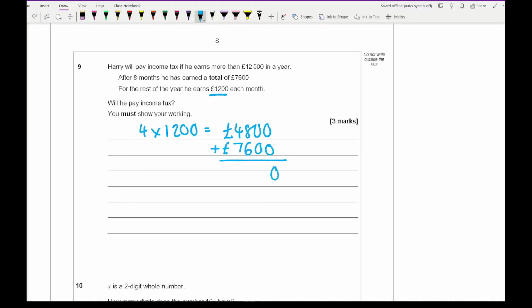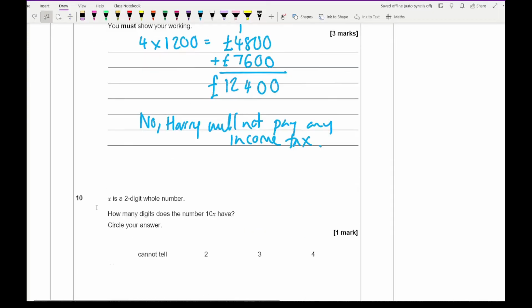If I do that calculation, I get 12,400. So the answer is no, Harry will not pay any income tax, as he's £100 below the bracket.